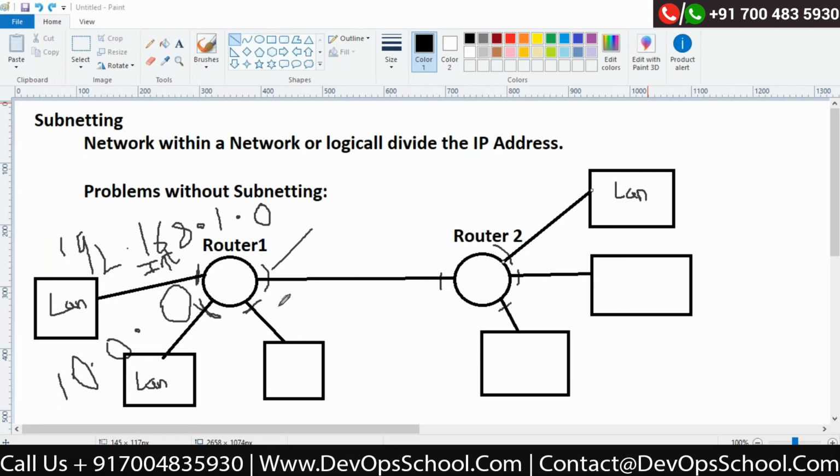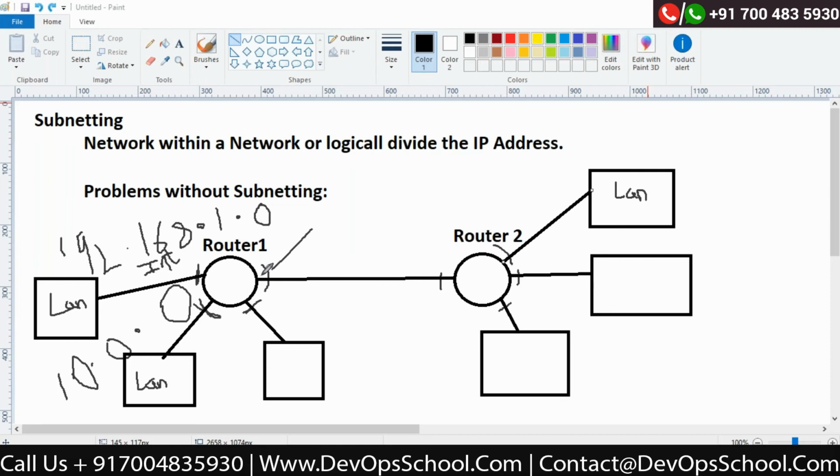Why do we require subnetting to be done? Because I need to make sure that I use the IP addressing properly. If I do something like this, I require a huge number of networks. If I want to purchase a public network, then I need to pay, correct? But I want to use private IP addressing appropriately. That will solve my purpose.